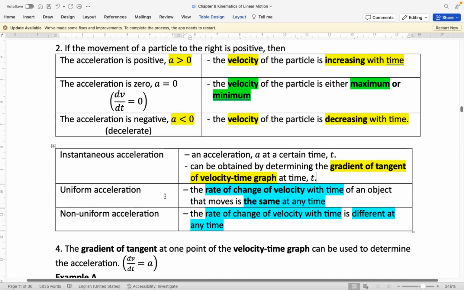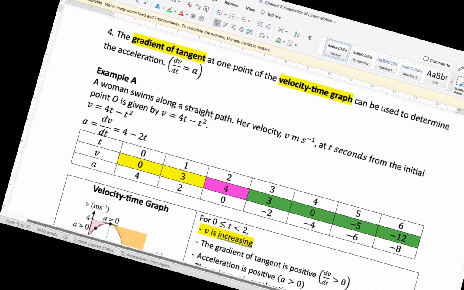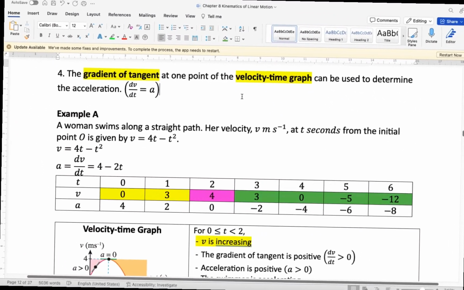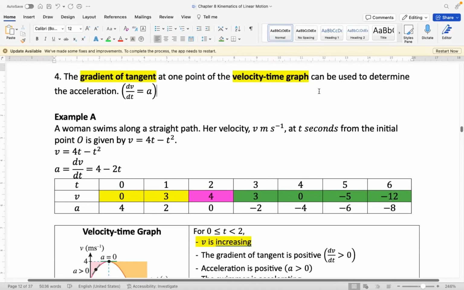Uniform acceleration means the rate of change of velocity with time of an object is the same at any time. Non-uniform acceleration means the rate of change of velocity with time is different at any time. The gradient of the tangent at one point of the velocity-time graph can be used to determine the acceleration.